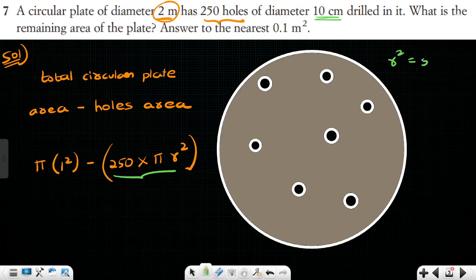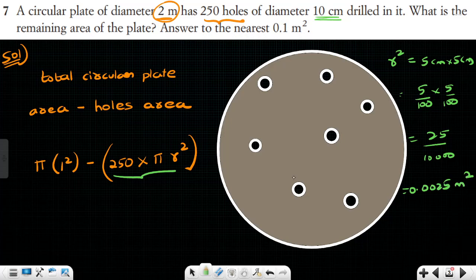That is 5 centimeter into 5 centimeter. 1 centimeter is 1 by 100 meters. So 5 by 100 into 5 by 100. That's going to be 25 by 10,000 or 0.0025 meter square. Is this clear?